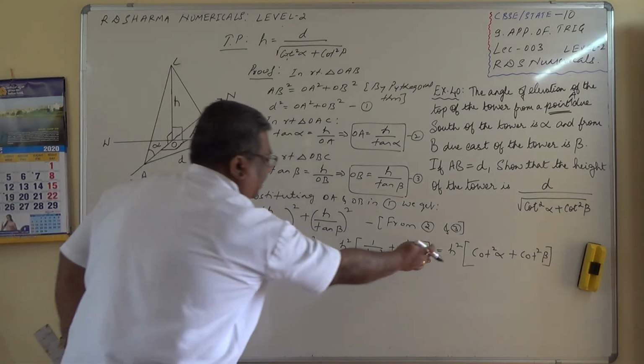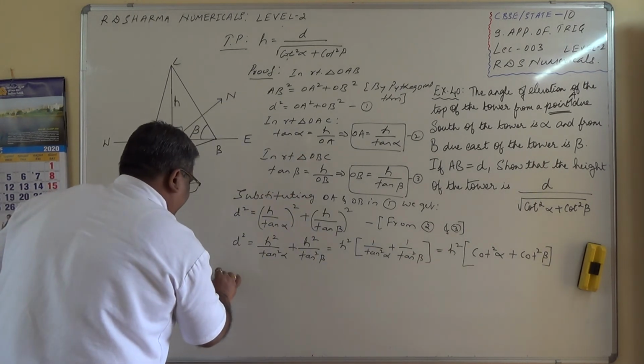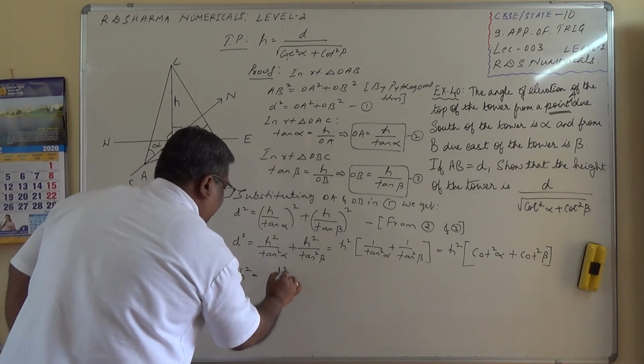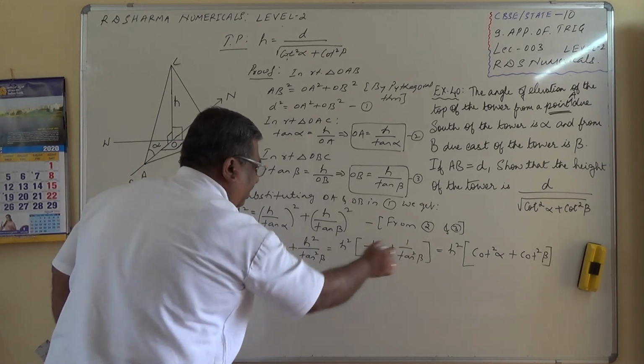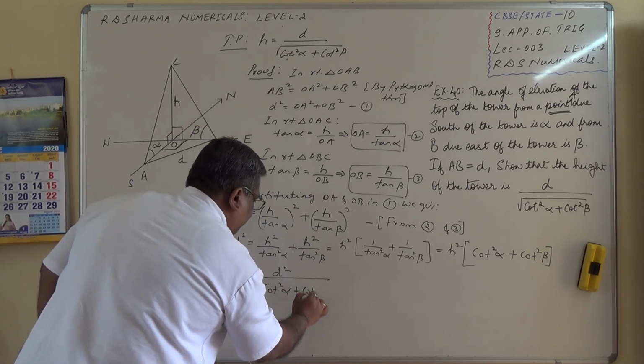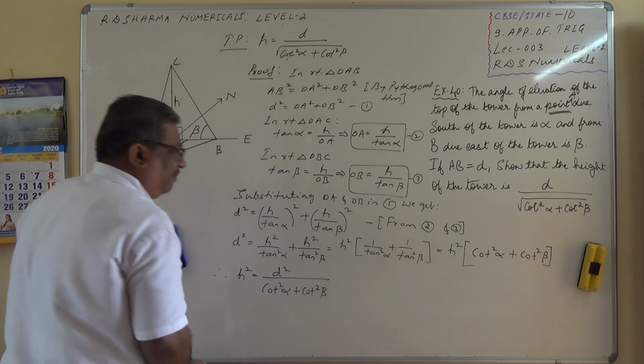So therefore h square equals d square the whole divided by cot square alpha plus cot square beta.